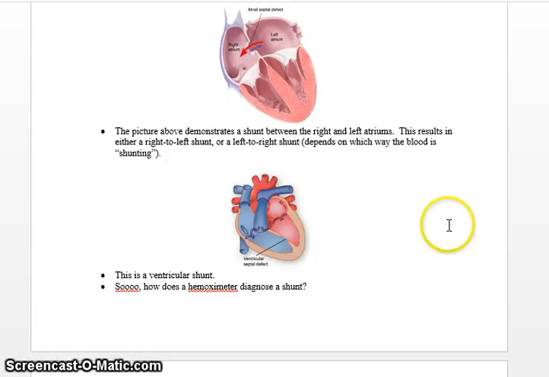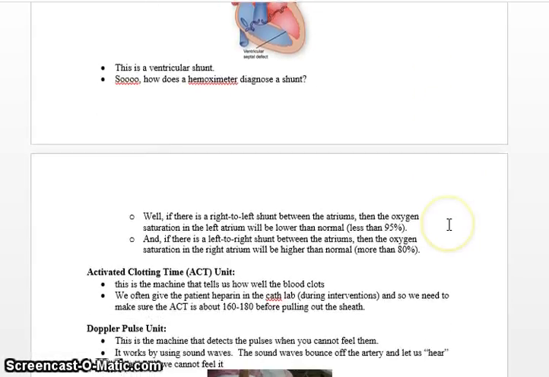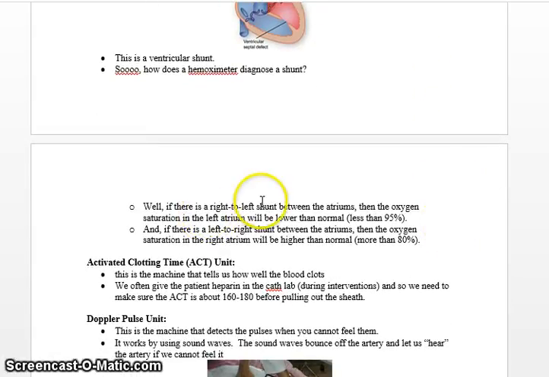So how does a hemoximeter diagnose a shunt? Well, if there is a right to left shunt between the atriums, then the oxygen saturation in the left atrium will be lower than normal because the right is the deoxygenated side, the left is the oxygenated side.